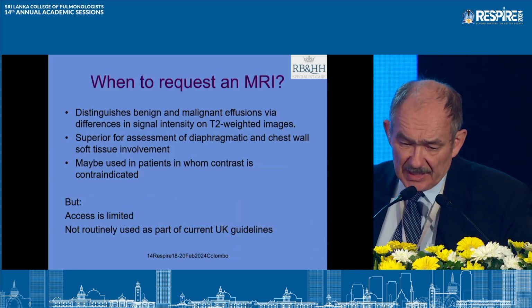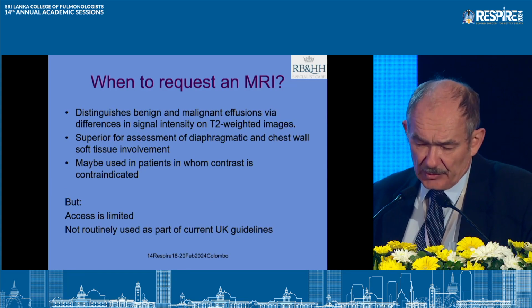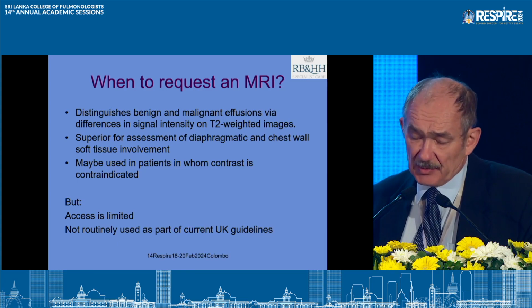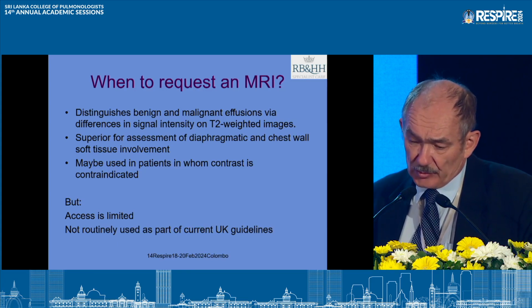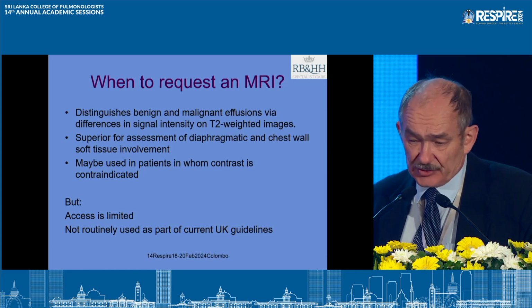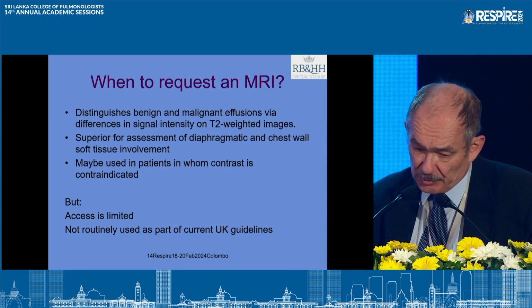People have been investigating MRI, but usually it's part of a clinical trial, and access to MRI is limited. Usually it's not used to investigate patients with pleural effusion, but occasionally it may be useful, for example, to see how deeply pleural pathology goes into the muscle of the chest wall.